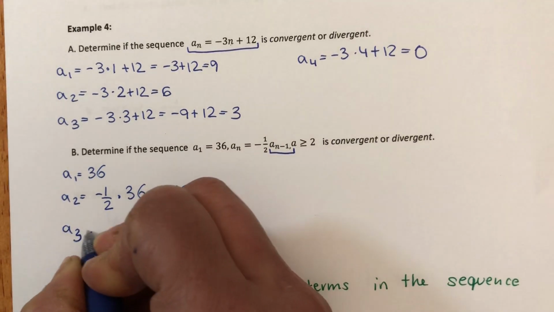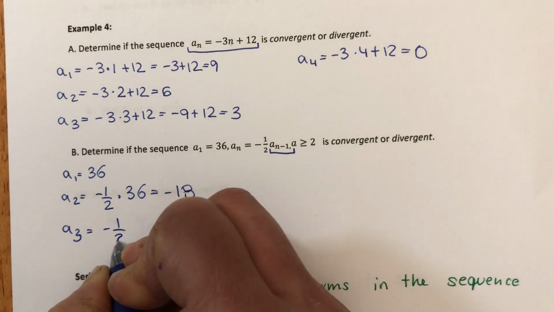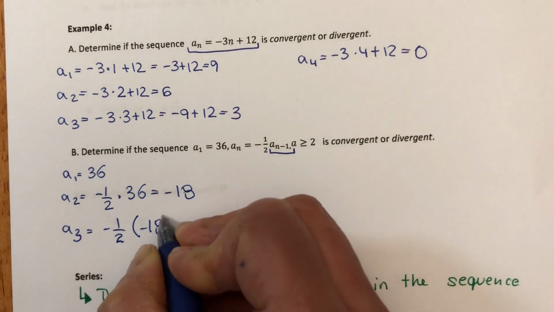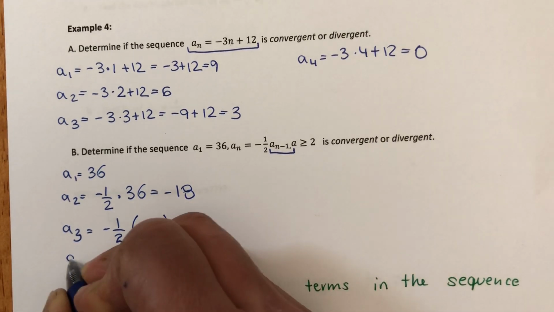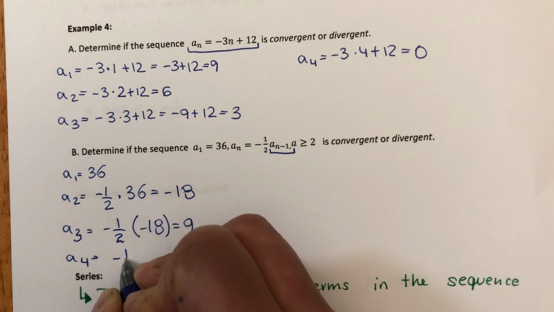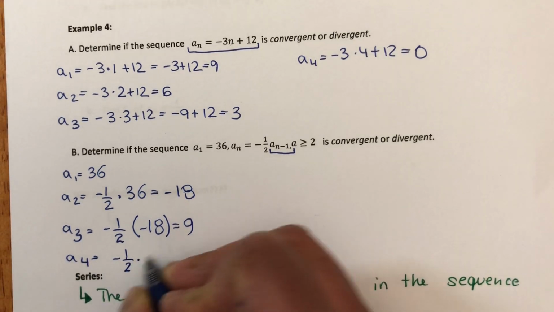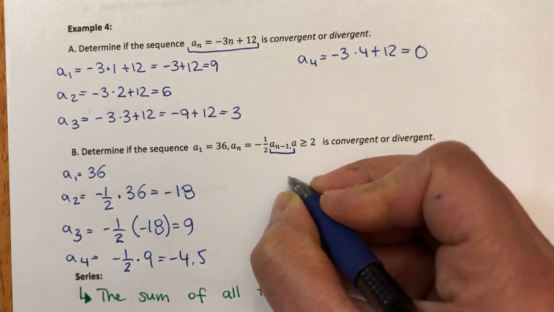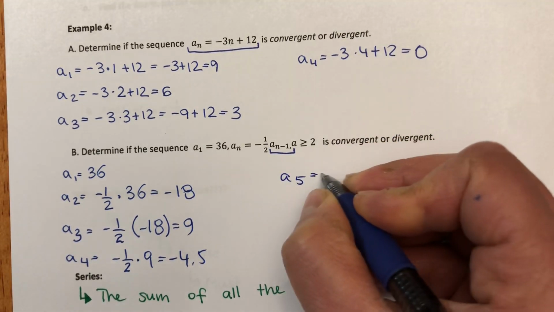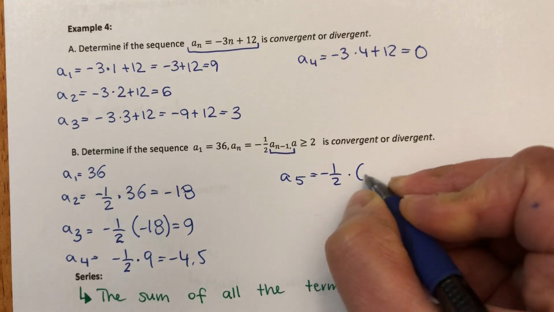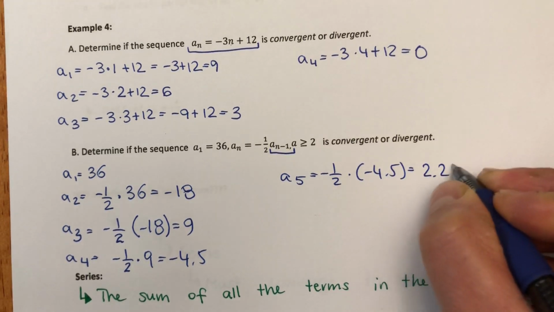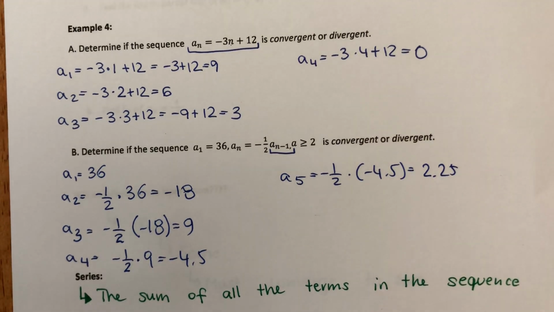Next term is going to be negative 1/2 times the previous term. Next term is negative 1/2 times the previous term. Next term is negative 1/2 times the previous term. And so on.